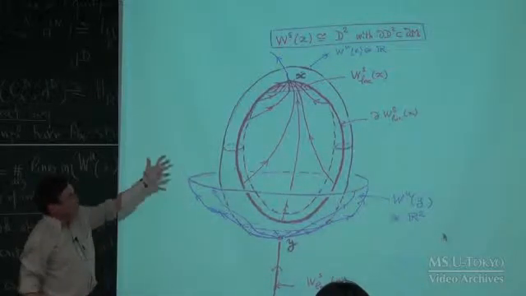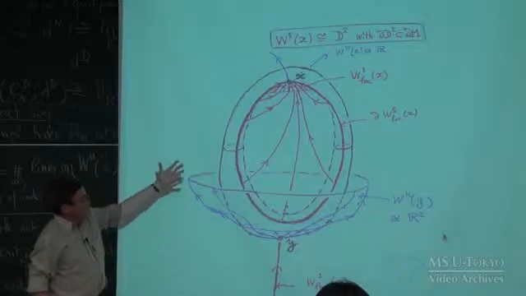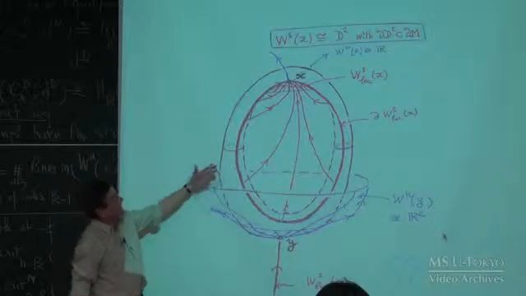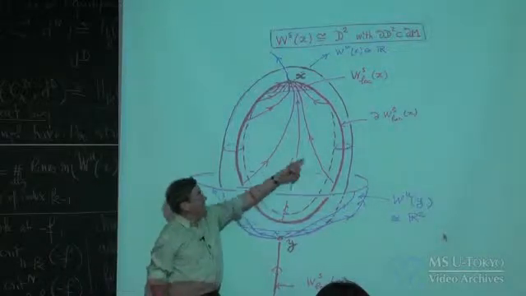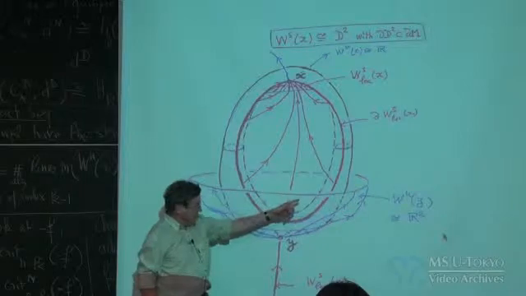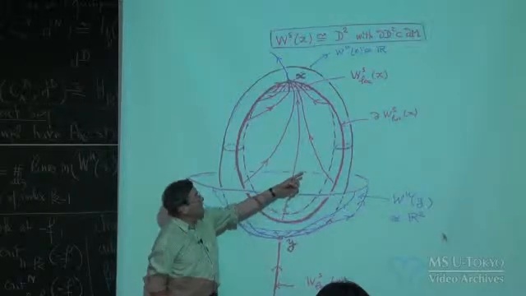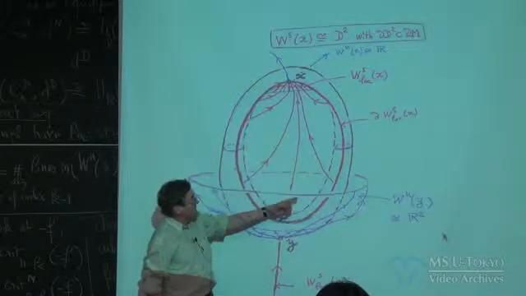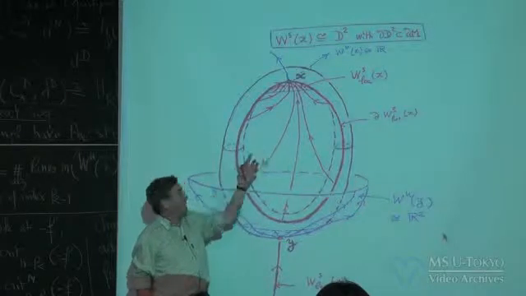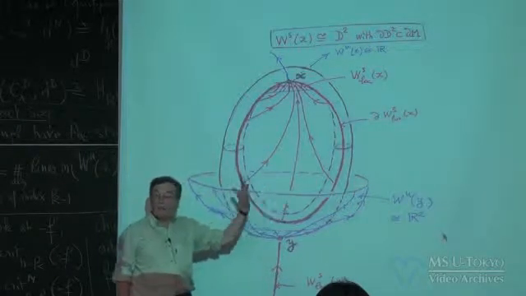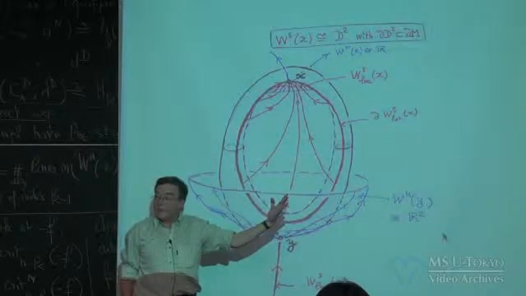And for a good choice, the picture is like that. Finally, the global stable manifold of X is a disk whose boundary is in the boundary of your manifold. Okay?